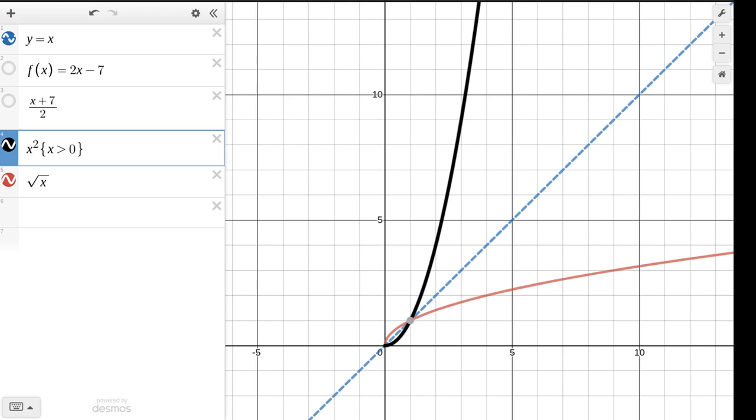Well, to make functions that work for us really well with inverses, we're going to make a special type of function. Remember, functions have to pass the vertical line test. Well, that means its inverse has to pass a horizontal line test, which x squared doesn't do. And so we're going to make a special set of functions called one-to-one functions.